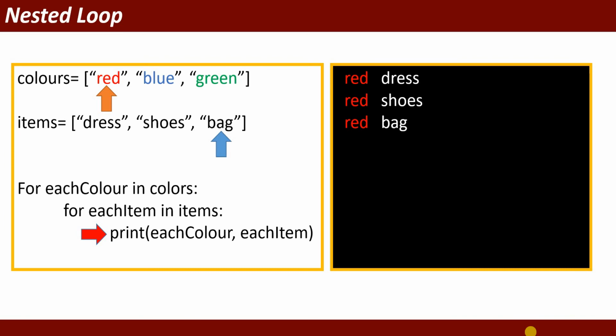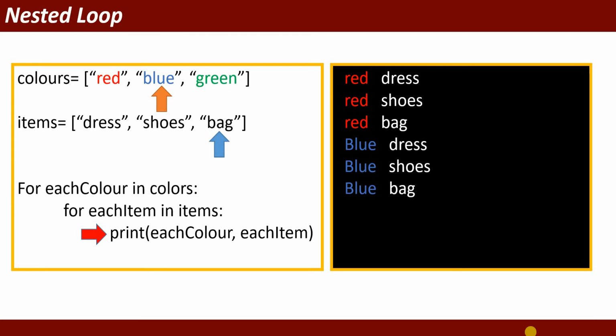Now the outer loop will increase by 1 and the inner loop will start again from the beginning. It means in this case it will show me blue dress, then blue shoes, because the outer loop pointer is still the same while the inner loop pointer is moving, and it will show me blue bag.